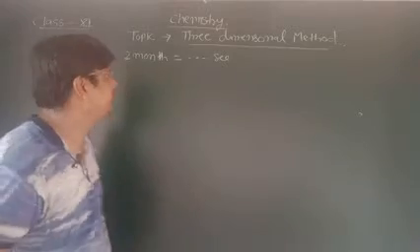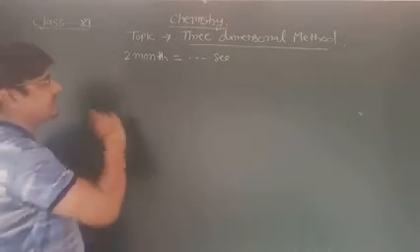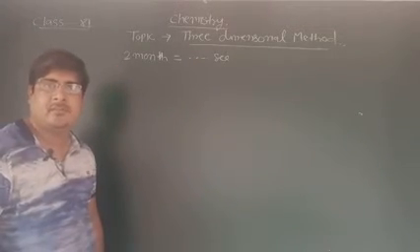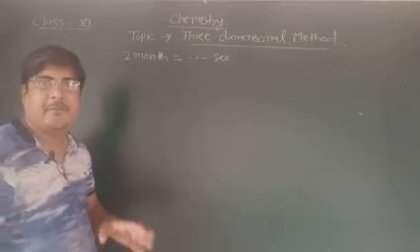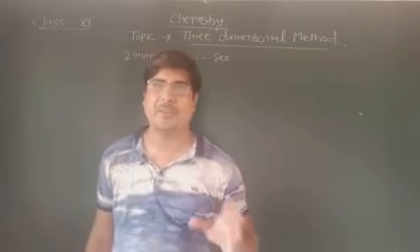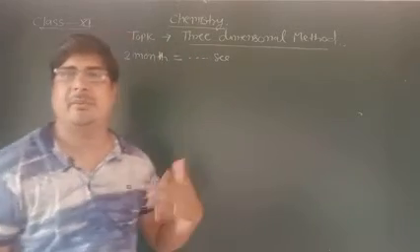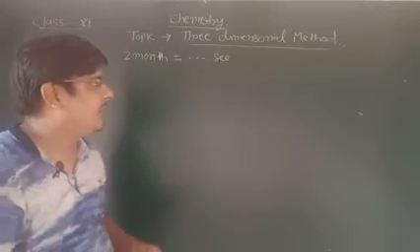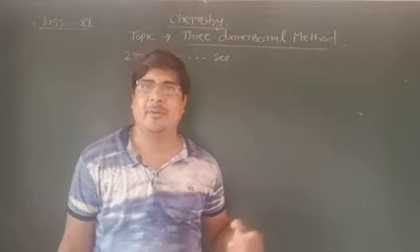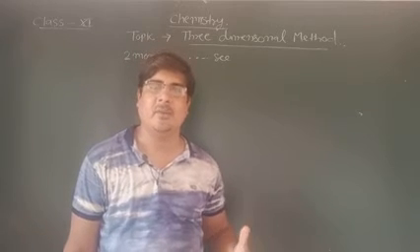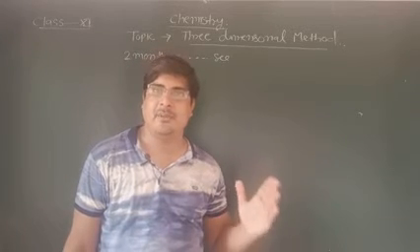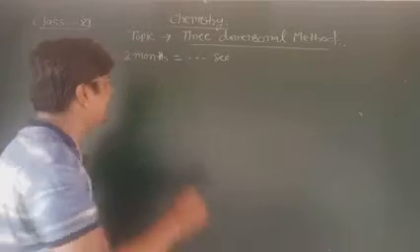Okay, did it? First, convert month into day, and we consider 1 month is equal to 30 days, not 31 or 28. You do not need to remember whether it's the month of February or July, August. Now we consider 1 month is equal to 30 days.